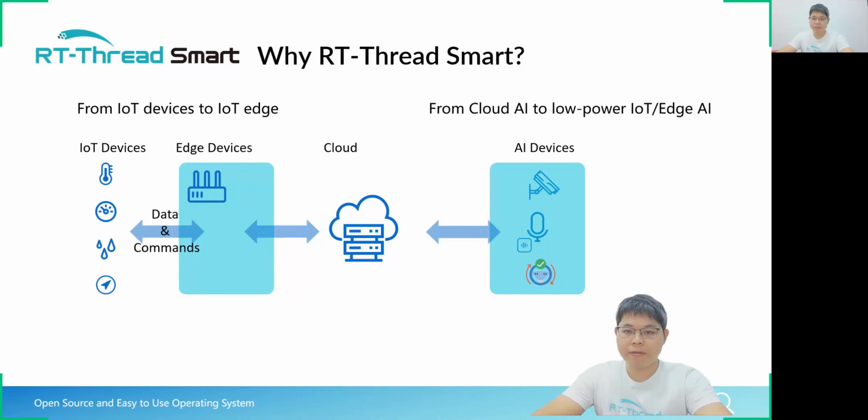For example, currently the edge device can do face detection and face recognition locally. All those applications and requirements call for a real-time, lightweight operating system. So our R&D team developed RTOS Smart to provide a more competitive software platform for different industries.